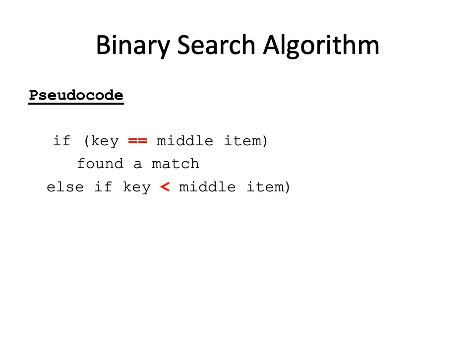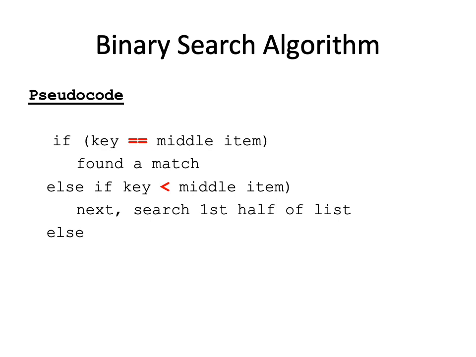If that's not true, else if, then we say, is the key less than the middle item? So in that matching game, for instance, is my number less than or greater than the number that you guessed? If the key is less than the middle item, then search the first half of the list with the lower values, the values that are lower than the middle item.